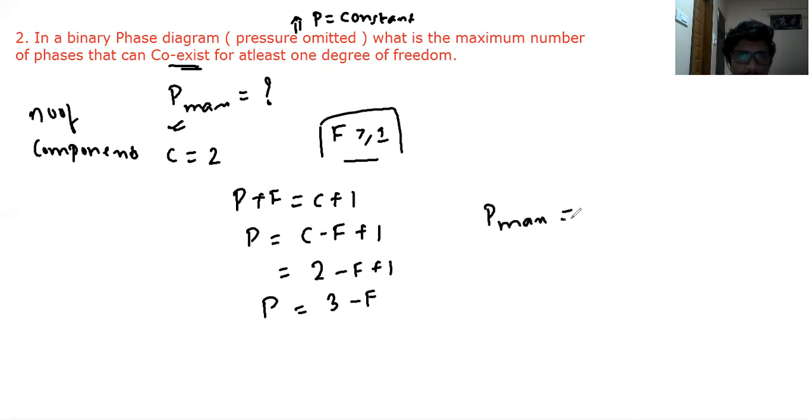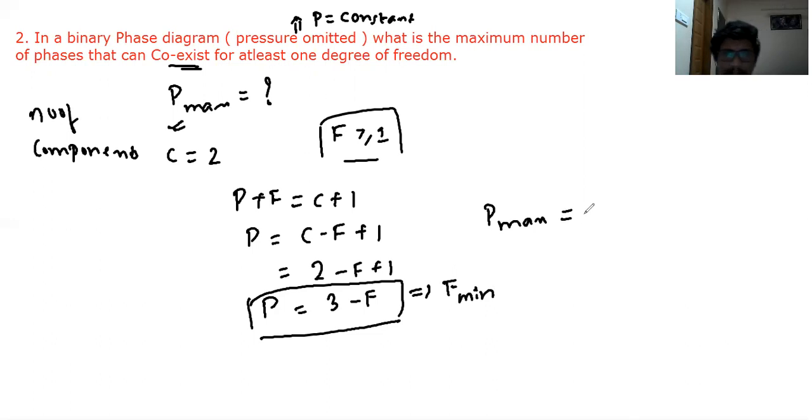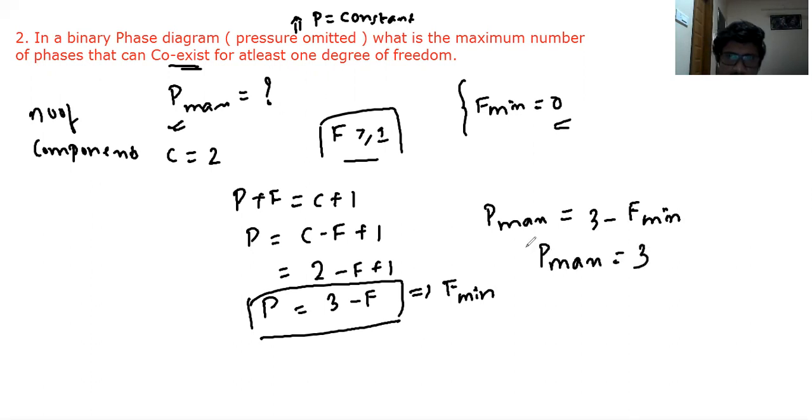The maximum number of phases from this equation corresponds to minimum degree of freedom. So P max is equal to 3 minus minimum degree of freedom. The minimum degree of freedom, we know that it is 0. The degree of freedom cannot be negative. The minimum degree of freedom value is 0. So from this we get P max as 3. So this is the answer with respect to this question.